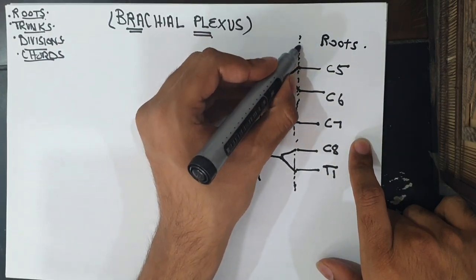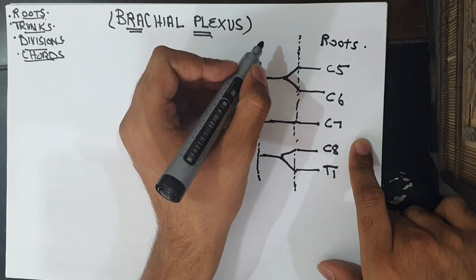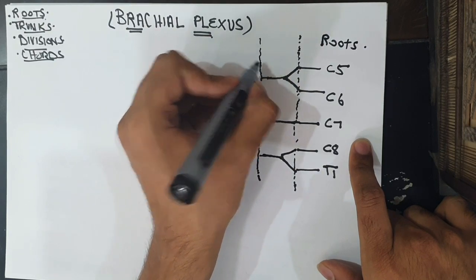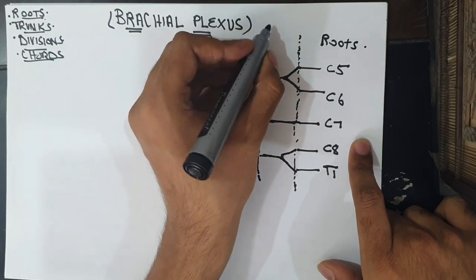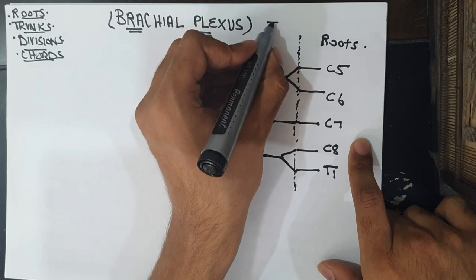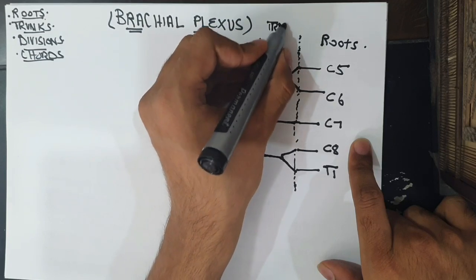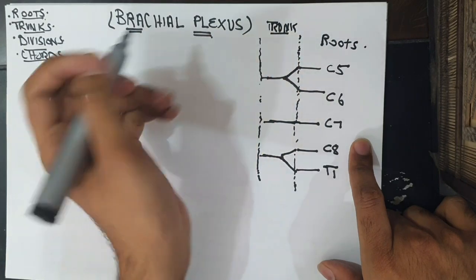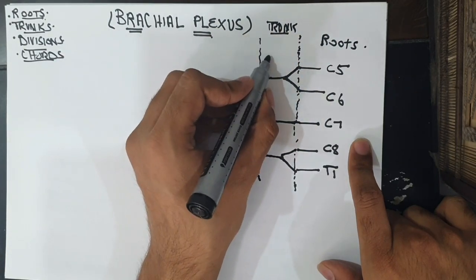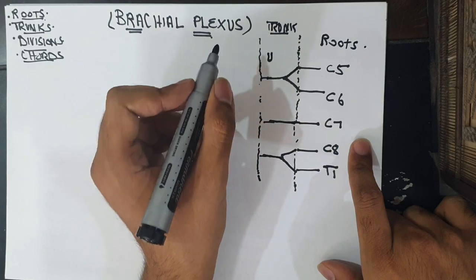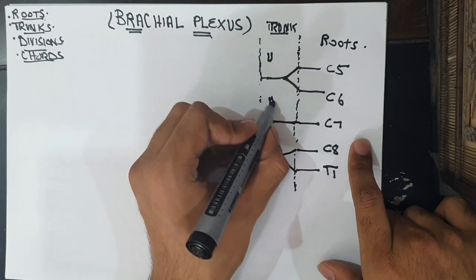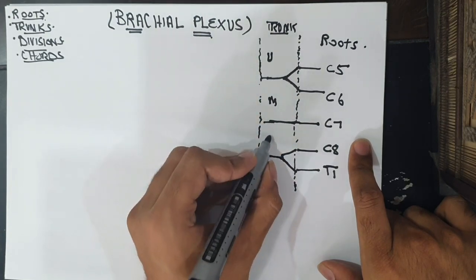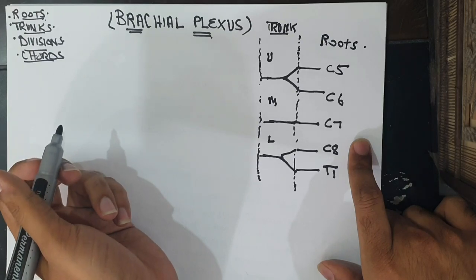Now after this dotted line that I've drawn here, we have entered into the territory of trunks. This is the upper trunk, this is the middle trunk, and this is the lower trunk.